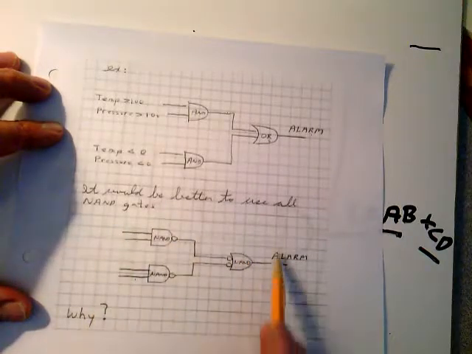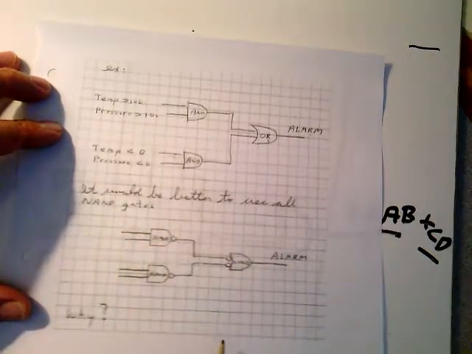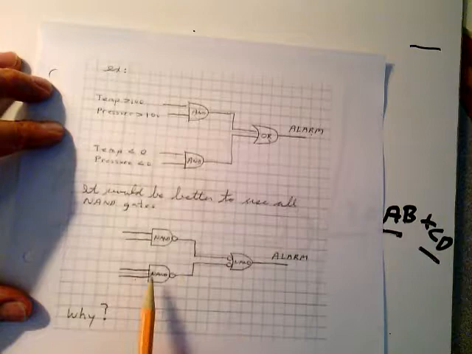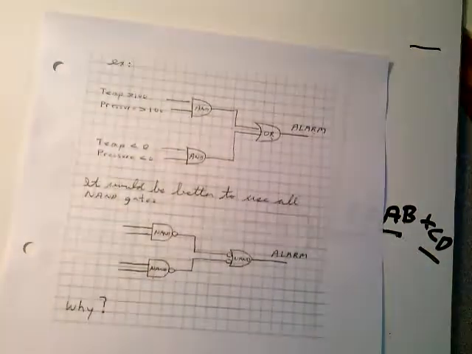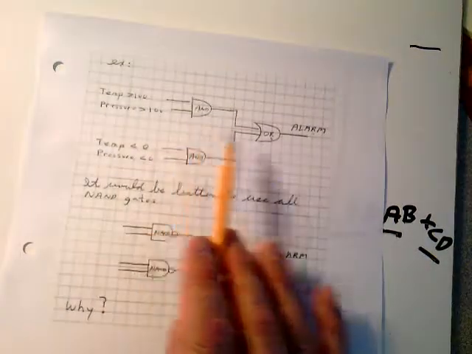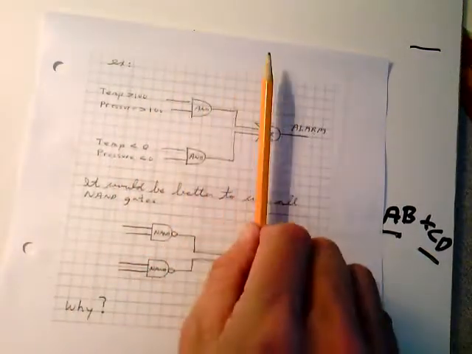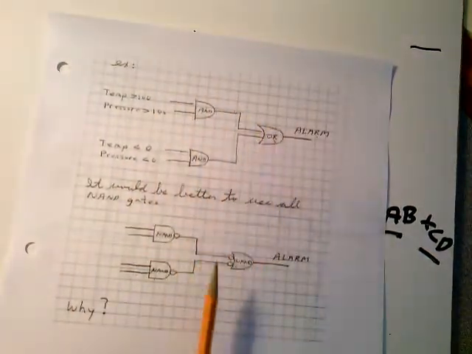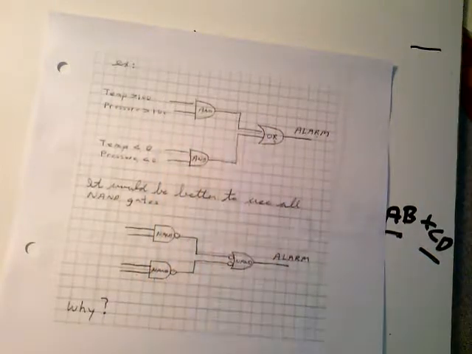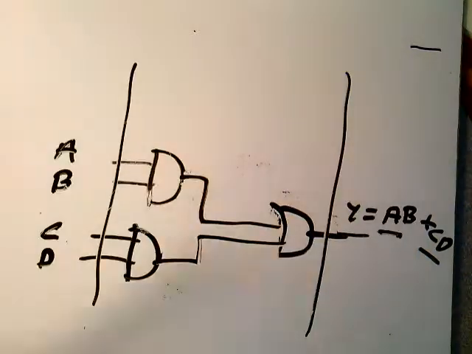And guess what? You're only wasting 25% of a 7400 package because you're using 3 out of the 4 NAND gates to implement AND OR logic. So, AND OR topology is the same thing as NAND topology. That concludes the lecture.